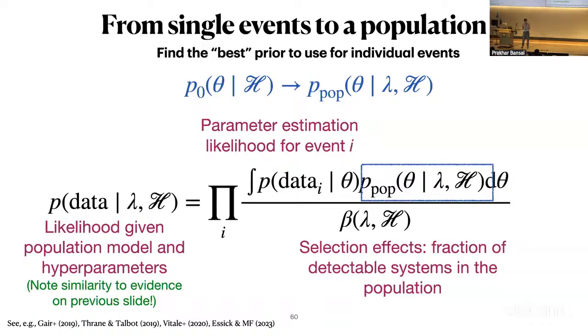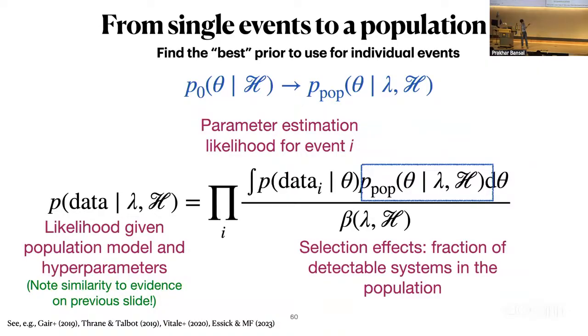So in the case of a mass distribution, if we fit a power law, this lambda could be the slope of the power law. Now what we care about is the likelihood given our population model and these lambda parameters, which we often call the hyperparameters.